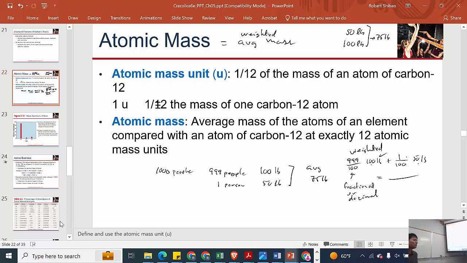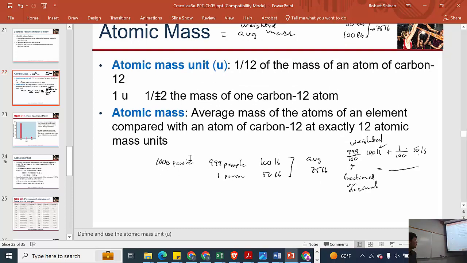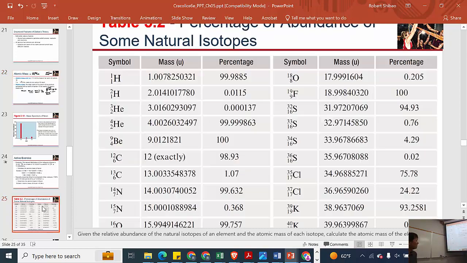Well, the same thing for atoms. And let's take a look at doing this for atoms. So I have hydrogen here, and I have deuterium here. Tritium's not on here because tritium's radioactive. And then I look at a sample in nature.